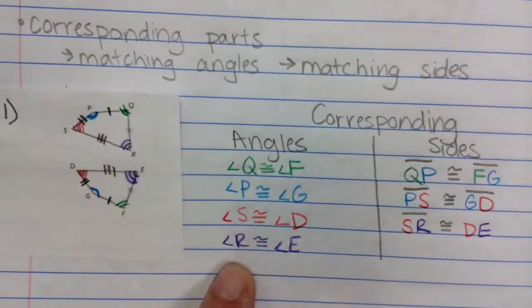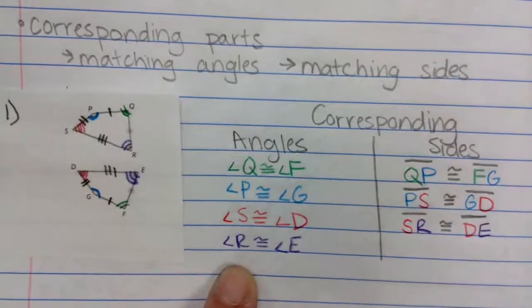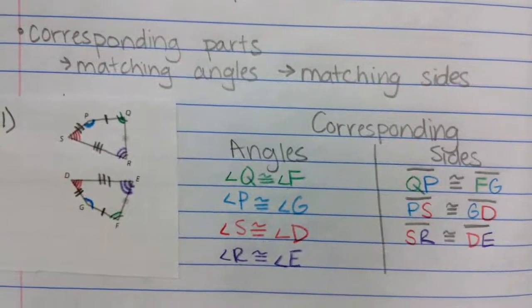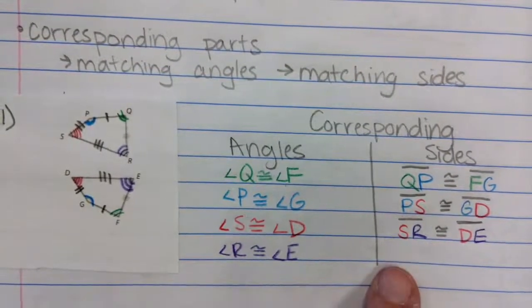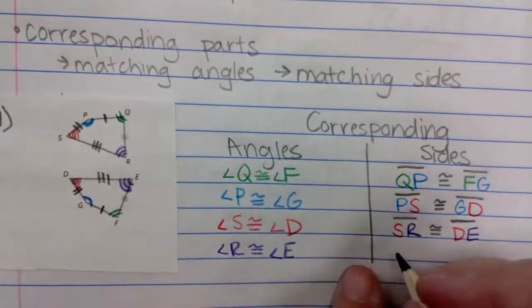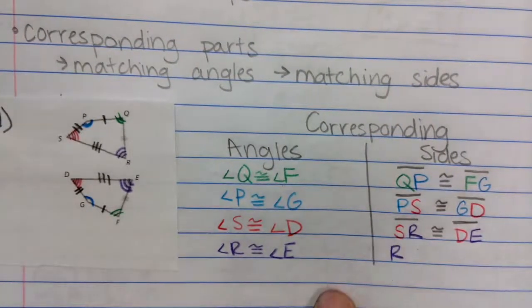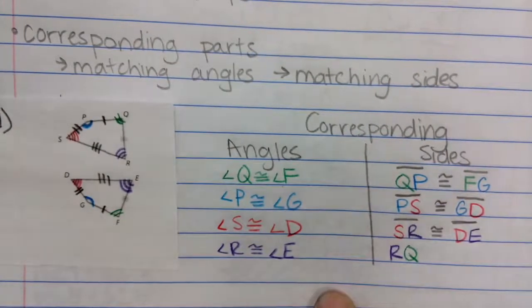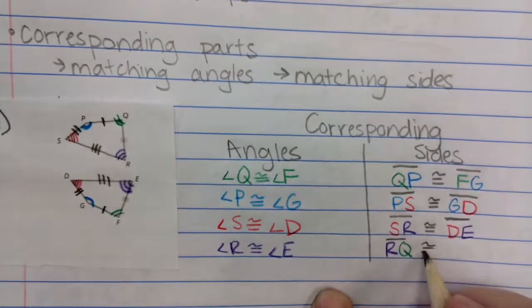Did I do all of the sides? I see there's 4 sides. What side did I miss so far? I don't know. R to Q. What is RQ?